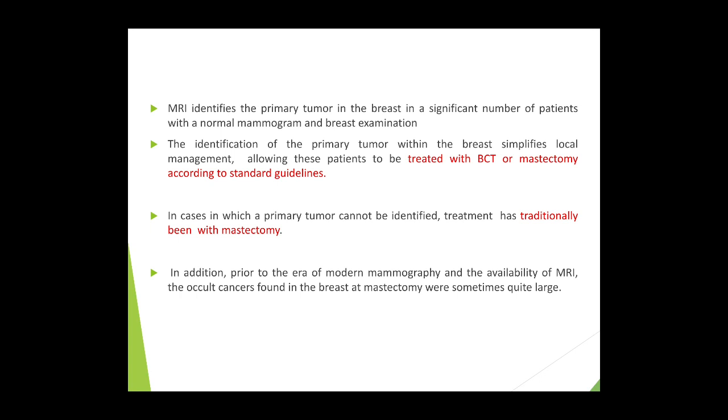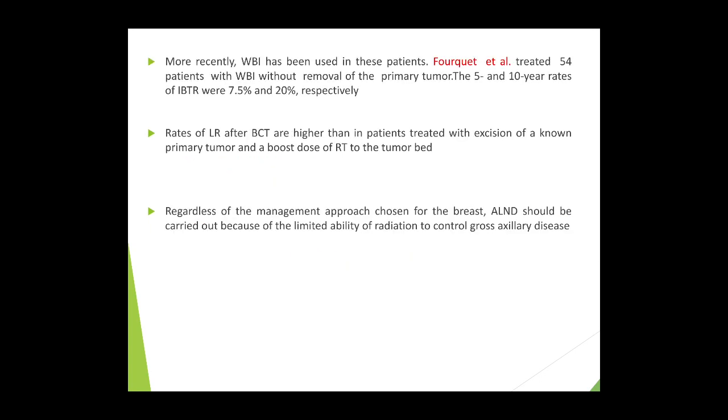The occult cancers found in the breast at mastectomy were sometimes quite large. After the mastectomy, they found occult breast tumor that is not seen by the usual imaging tests for the diagnosis of breast cancer. There are many trials to avoid breast surgery where whole breast irradiation is used, for example Foucault et al., who treated about 54 patients with whole breast irradiation without removal of the primary tumor.